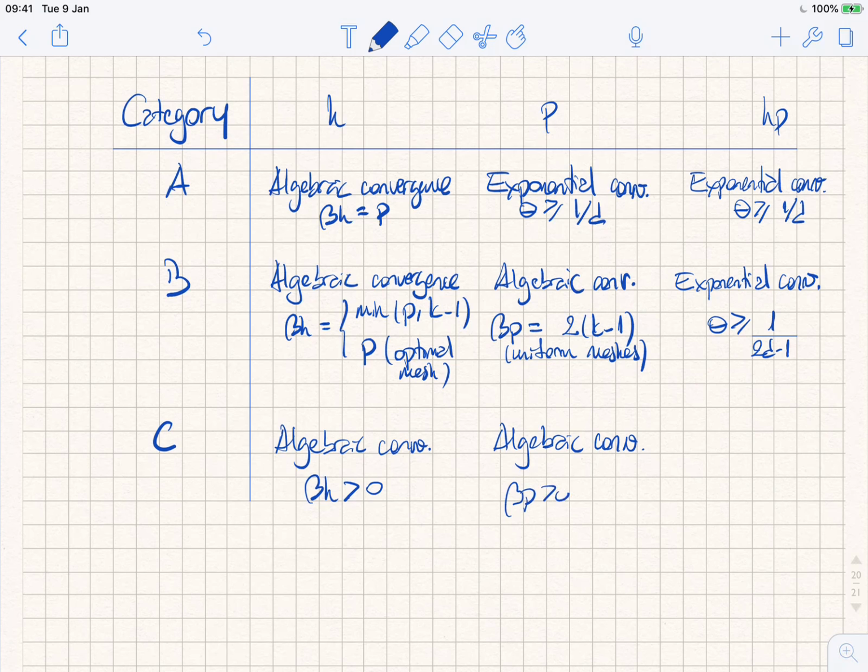Beta p is greater than 0. And algebraic convergence for that h-p-FEM, the same applies, right? It's a combination of these two when you're doing h-FEM. But there is really not much you can do about it.